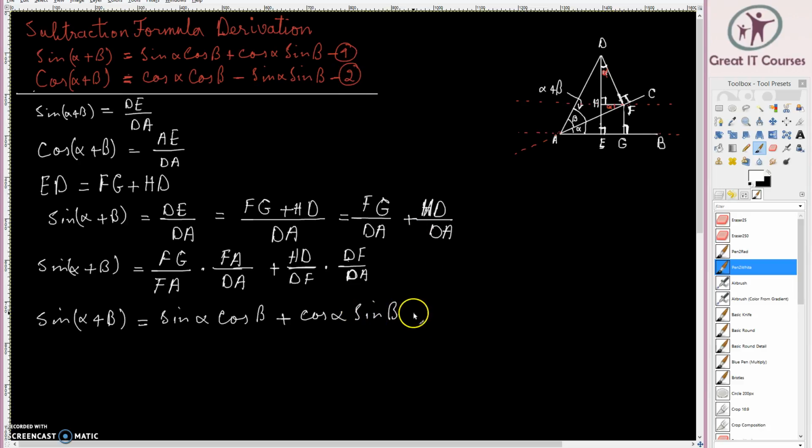So this is basically equation number 1. We got that.